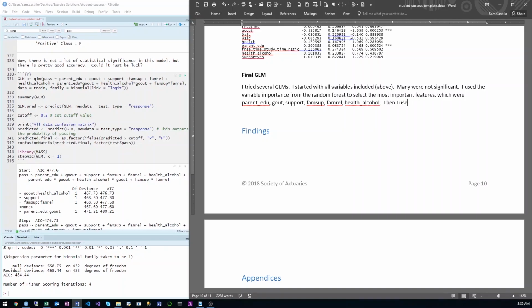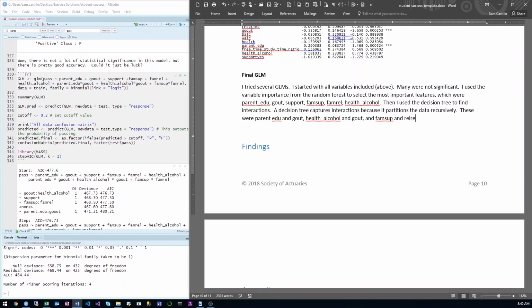Then I used the decision tree to find interactions. A decision tree captures interactions because it partitions the data recursively. These were parent, edu, and go out, health, alcohol, and go out, and fam, sup, and fam relation.